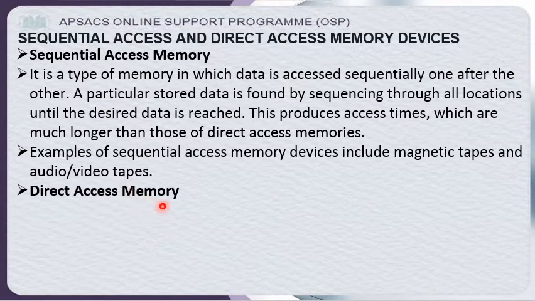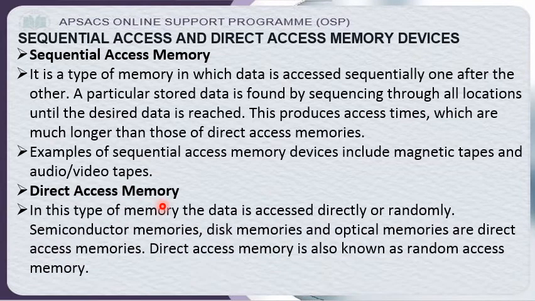The next one is direct access memory. It is the type of memory in which data is accessed directly or randomly, which means that we can directly reach the specific data. These are semiconductor memories, disk memories, or optical memories.